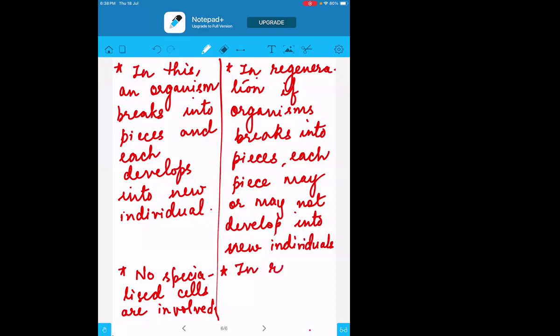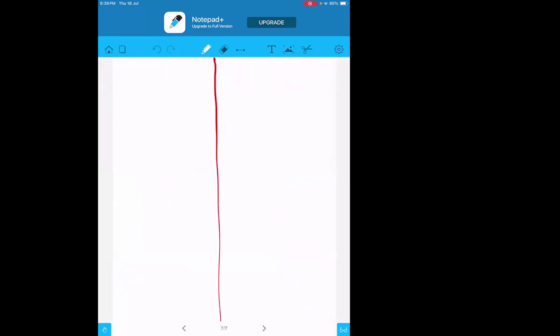So here in regeneration, specialized cells will be there. What is the name of the specialized cells present in the regeneration process? A particular name I told you. Regenerative cells.